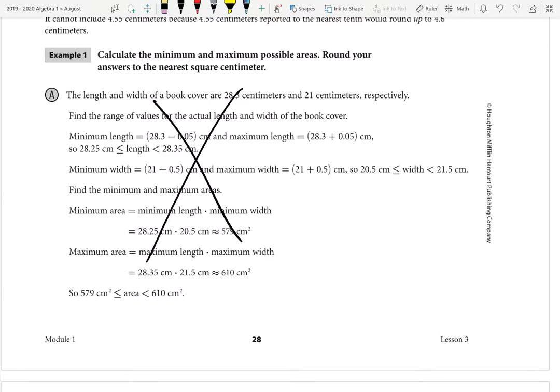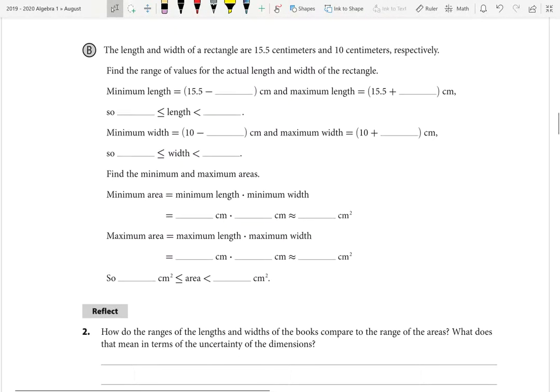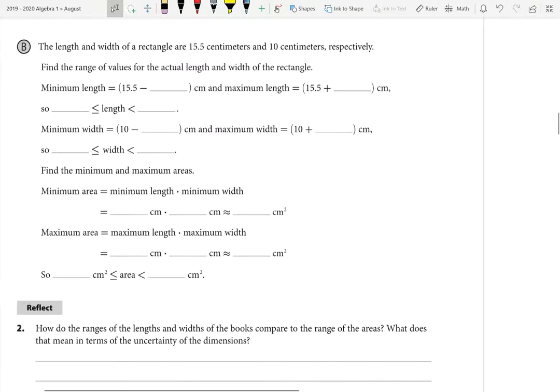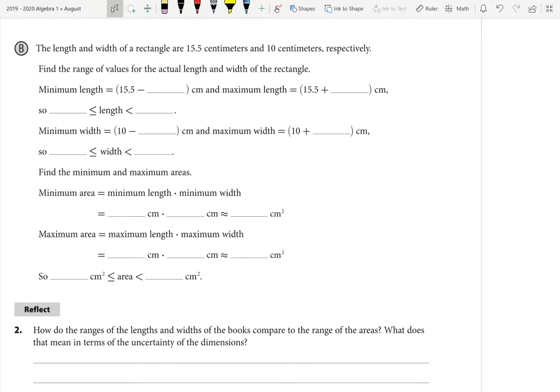So let's look at another problem, and maybe you'll start understanding it. The length and width of a rectangle are 15.5 centimeters and 10 centimeters respectively. So let's look at the 15.5. The 15.5 goes 1 decimal place in to the tenths place.